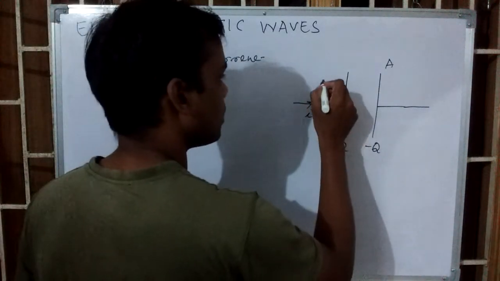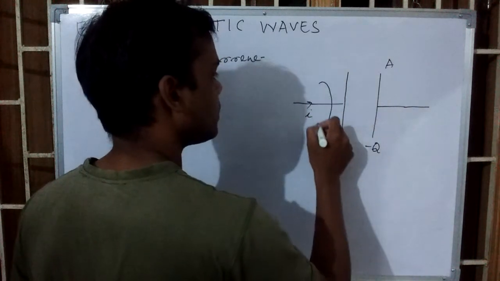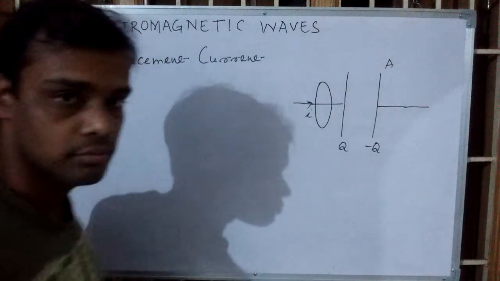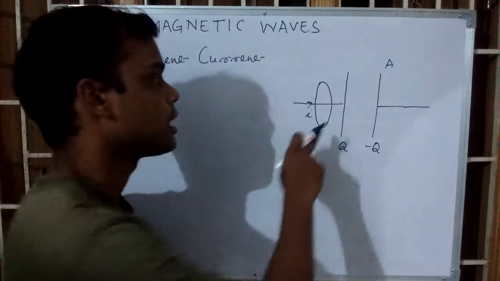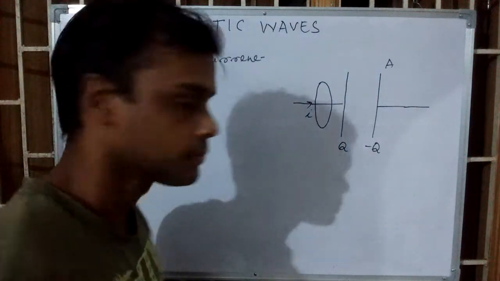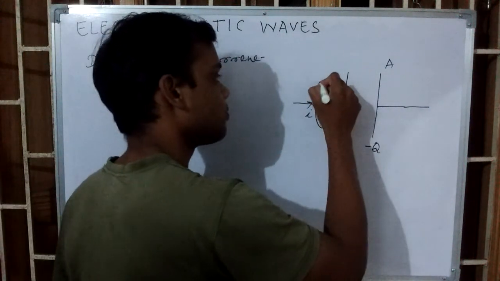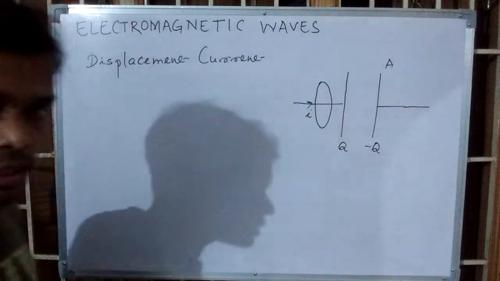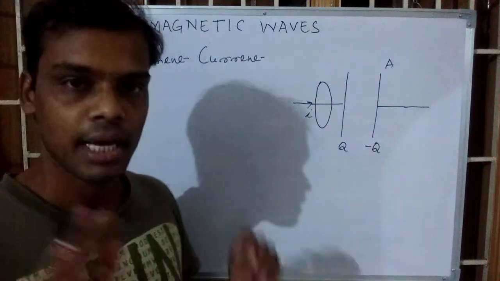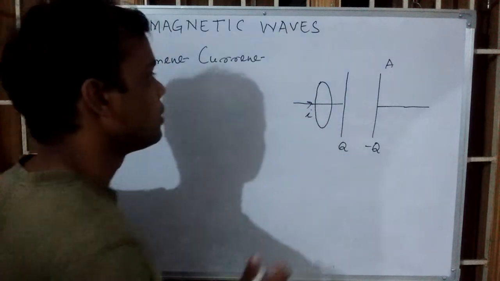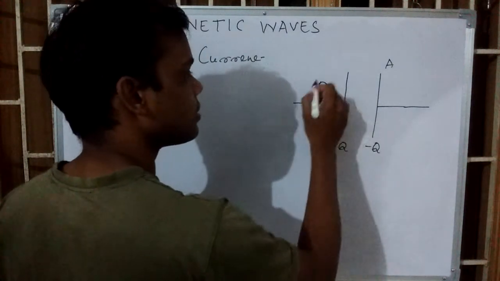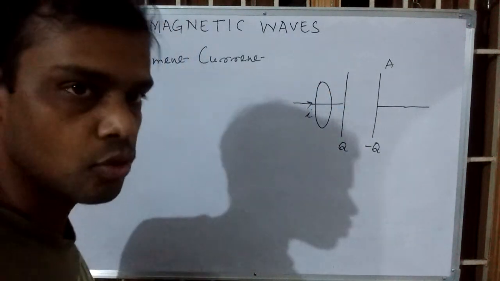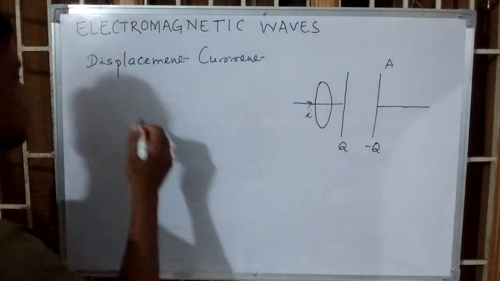Then if I draw a hypothetical Amperian path here, from Ampere's law you recall that at each point of the Amperian path there will be one definite magnetic field. For this current there will definitely be one magnetic field, no doubt about that. And what will be the value of that magnetic field?